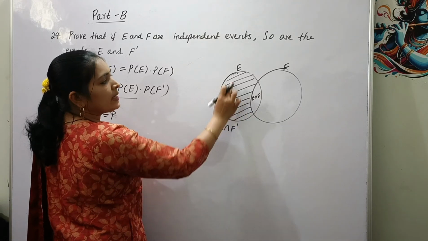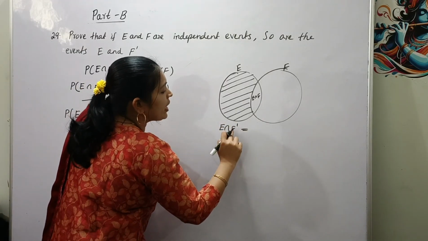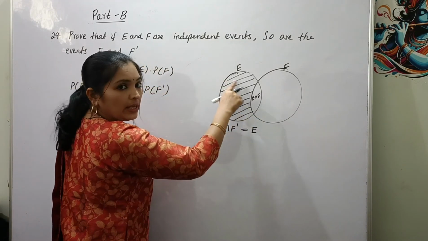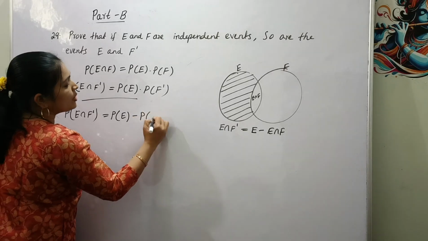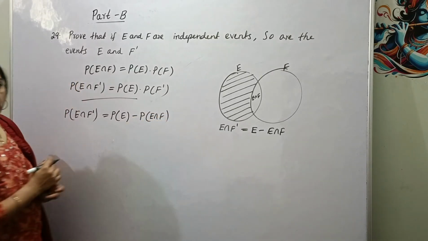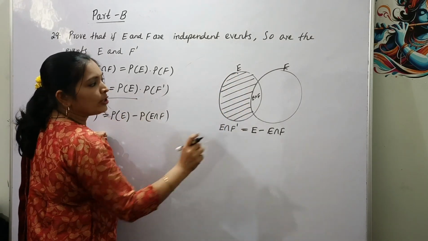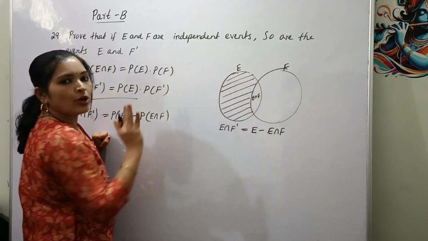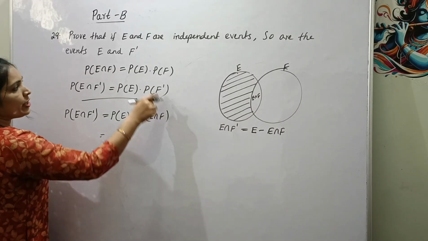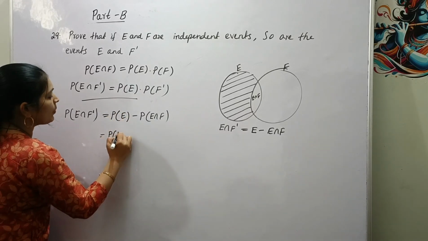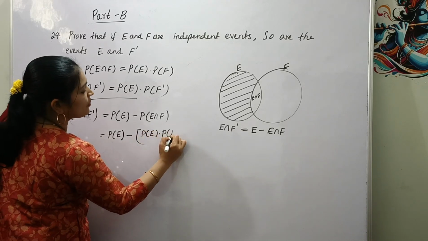It is E minus E intersection F, that is probability of E minus probability of E intersection F. So probability of E intersection F complement is equal to probability of E minus probability of E intersection F. That is equal to, here we know what is probability of E intersection F: the probability of E into probability of F. So probability of E minus probability of E into probability of F.